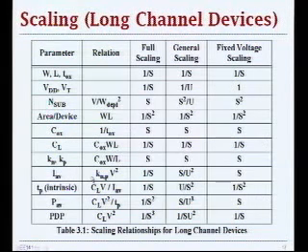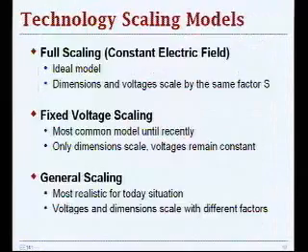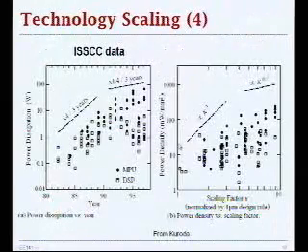From this fixed voltage scaling, your power would increase, and your area of a device would also improve quadratically. So when you multiply the two, your power per unit area would go up as the scaling factor to the power 3. Now if you go back to this slide, that exactly explains this scaling trend over here.